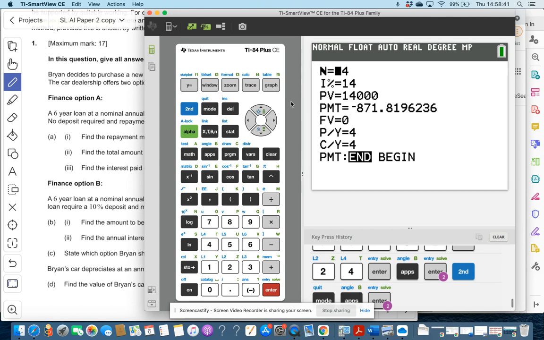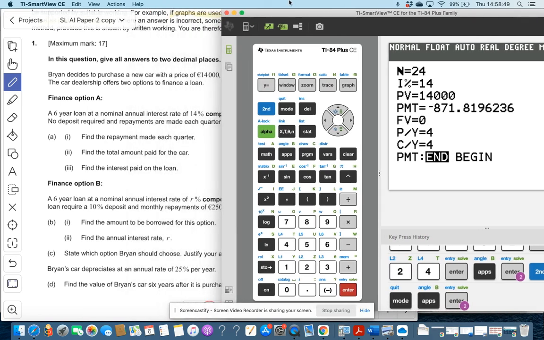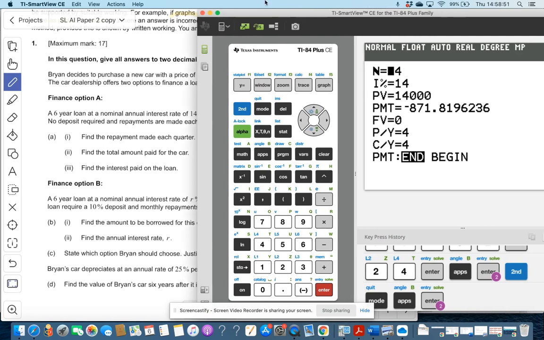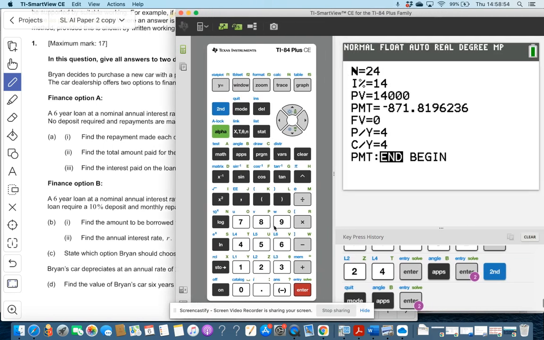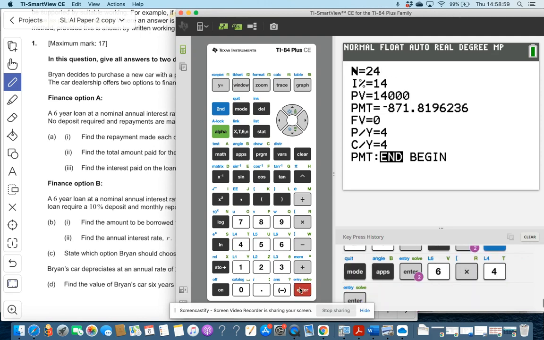Oh, and I even have the answer there. Okay, so we put in each of these inputs. It said 6 years quarterly, so we have to do 6 times 4 in the number of payments. It was 14% interest, 14,000 was the loan, the present value. The future value is going to be 0, and then the K value, the payments per compounding period, quarterly, is 4.